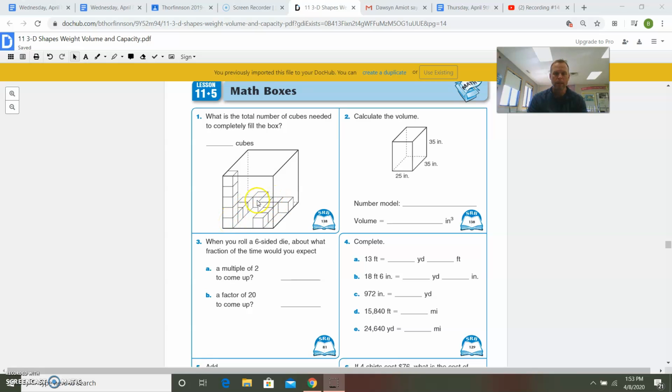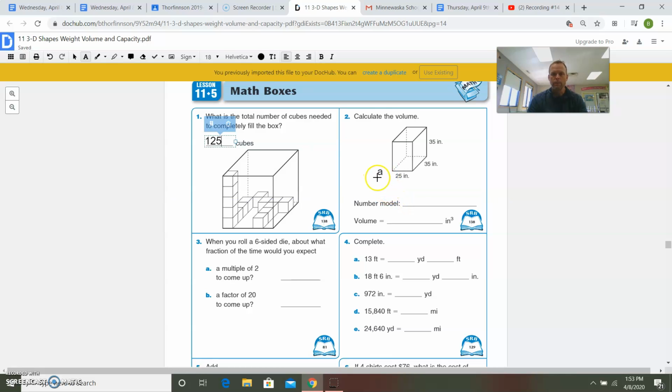It would take 25 blocks to cover the base. And then how many stacks of that would you have? We would have 1, 2, 3, 4, 5. So 5 times 5 is 25, times 5 is 125 cubes to fill it all.